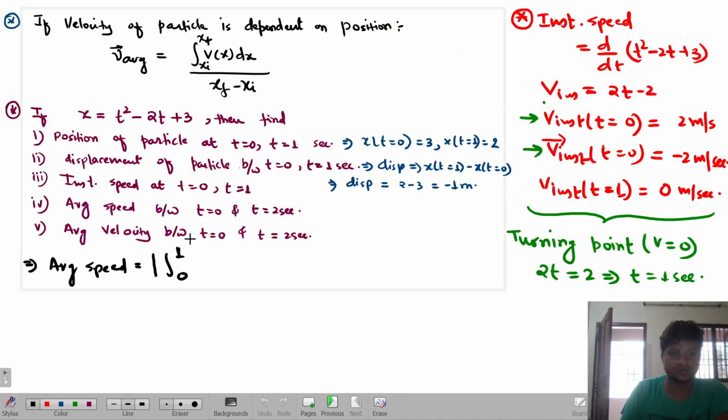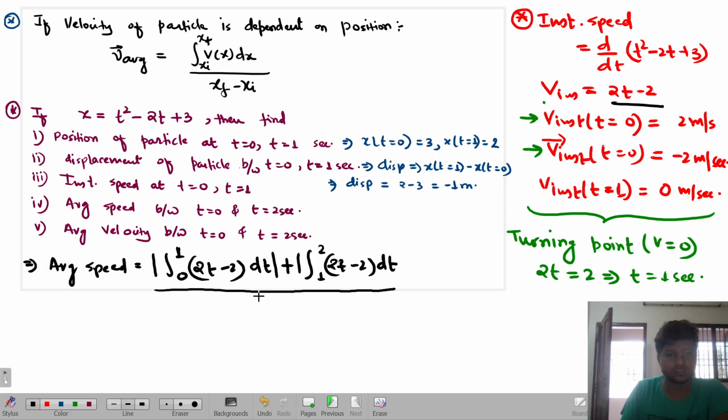So 0 to 1 means t initial to t turning point, velocity dependent on time, which is this equation, 2t minus 2 dt, modulus close, plus modulus once again open, then turning point to the final time, 2t minus 2 dt, divided by total time, which is 2 minus 0, which is 2 seconds. Is that clear?